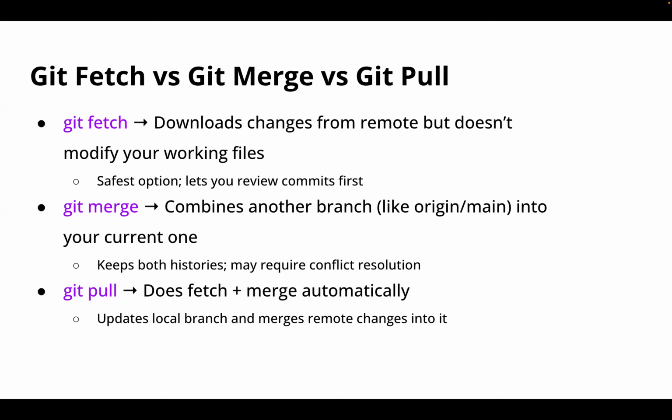Merging is when you combine another branch, like main, into your current one. It keeps both histories, but there might be merge conflicts where you have to see which version of the code you want to keep, and that gets a little confusing. But git pull does fetch and merge automatically, so it updates your local branch and then merges the remote changes into it.